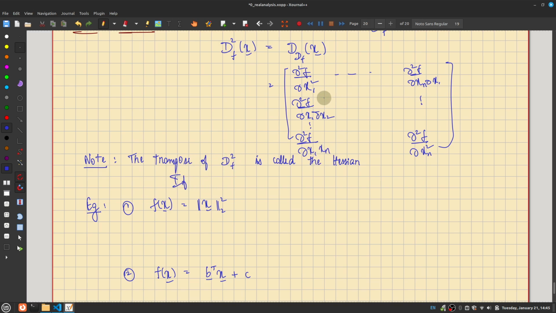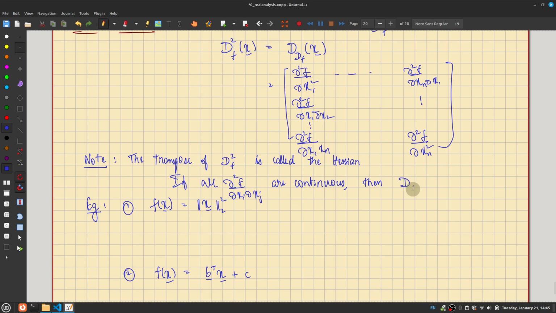If all the second partial derivatives, dou square f by dou xi dou xj, are continuous, then the second derivative matrix is also going to be symmetric.